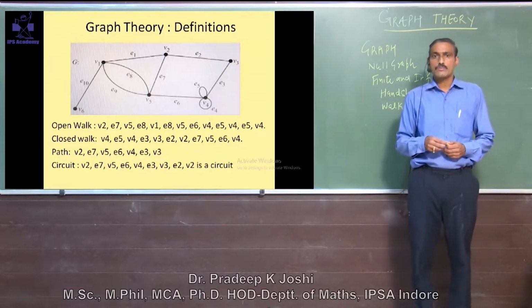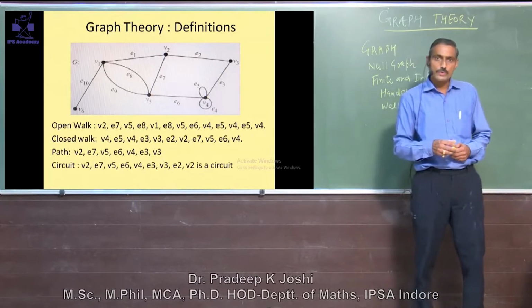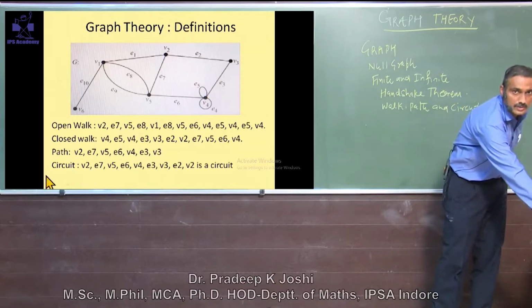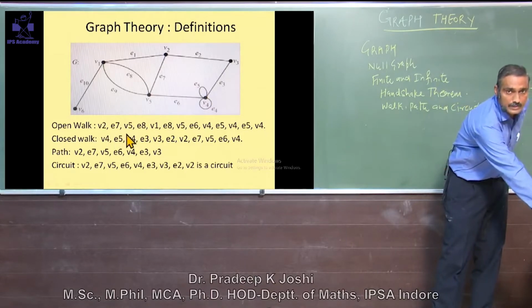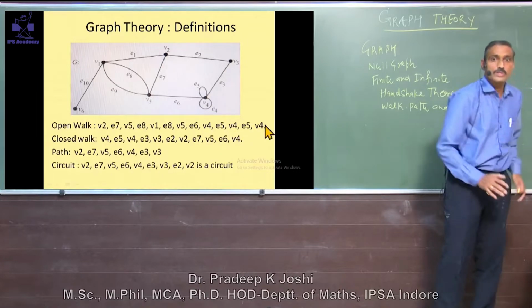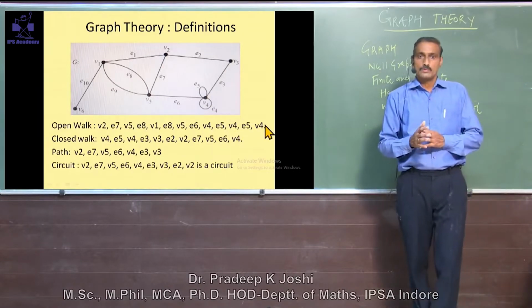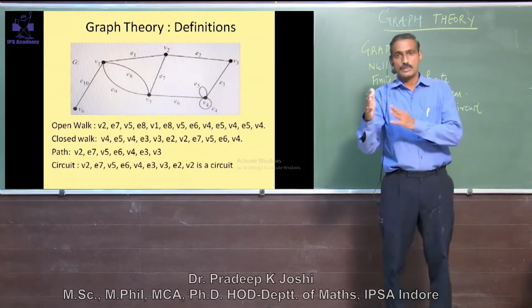Now we are traversing from V2 to V4. So this is V2, E7, V5, E8, V1, E8, V5, E6, V4, E5, V4. So we traverse from V2 to V4.